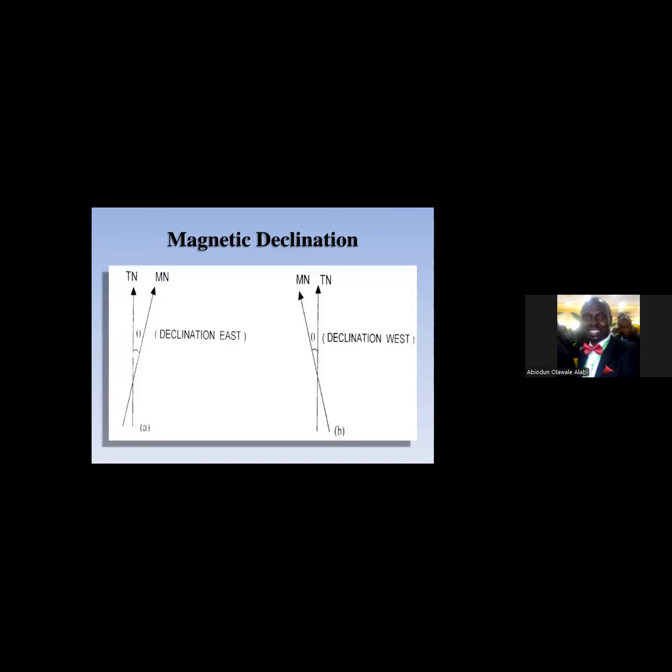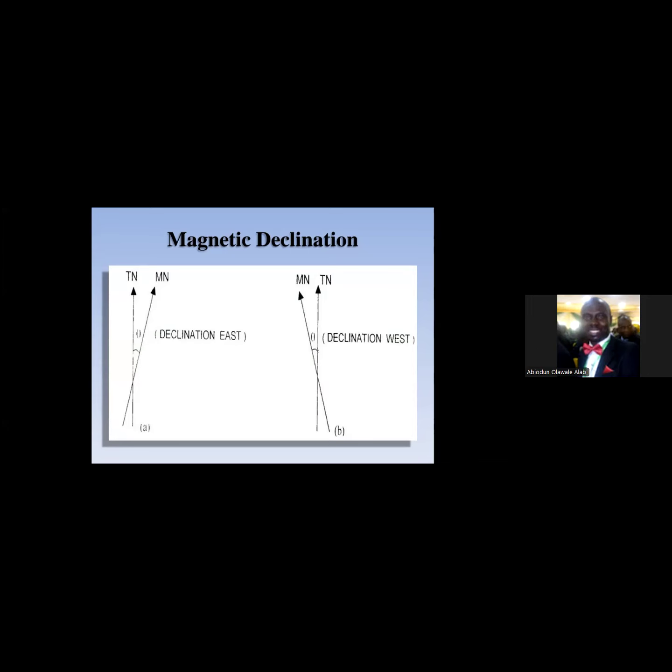So look at the diagram explaining the statements. Now look at the true north and look at the magnetic north.